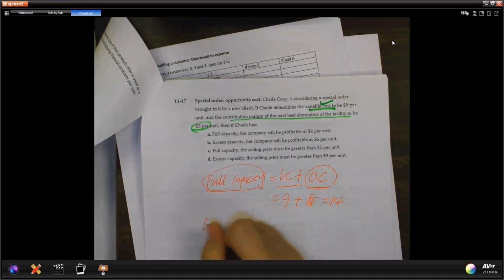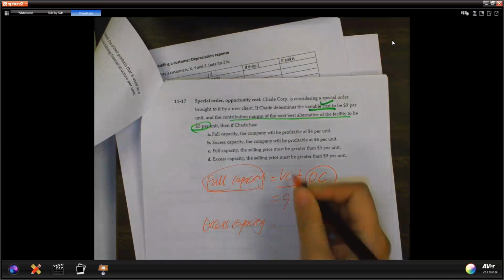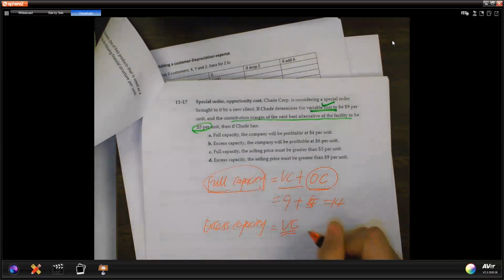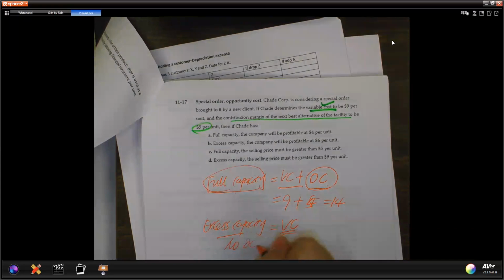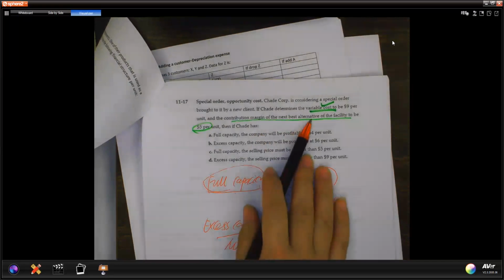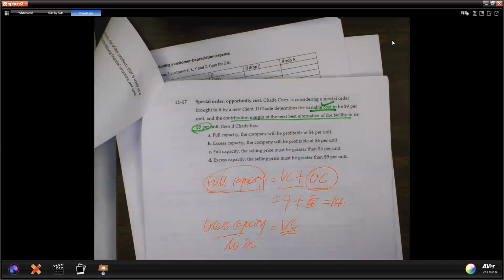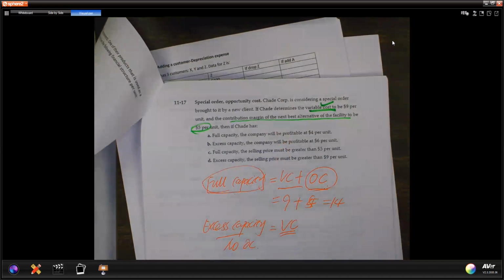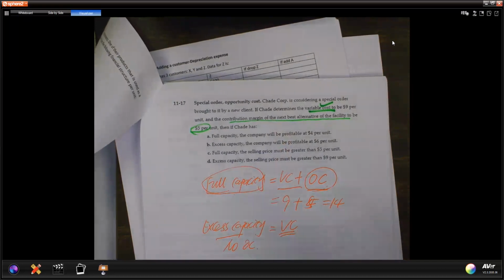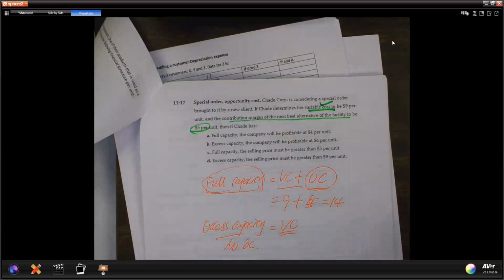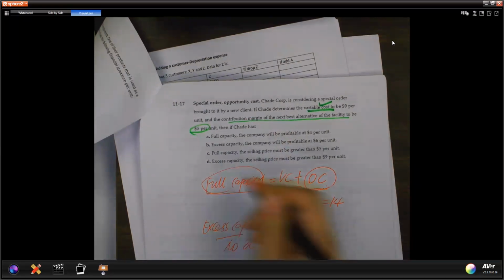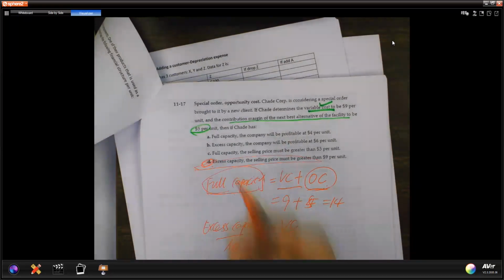Or if you have the excess capacity, all you need to think about is variable cost, because there is no opportunity cost. You do not need to give up the second alternative use. You can still do your second alternative use, right? You can take Jackie's order too after taking Tom's order. So all you need to think about is that $9. So that's the reason we chose answer D.